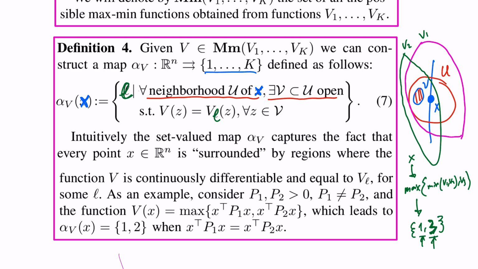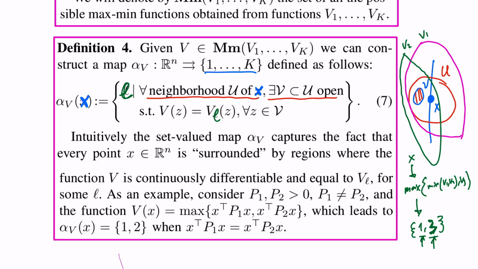Why? For a given x, we are basically saying that when we look at those points in that region, V_L is active.